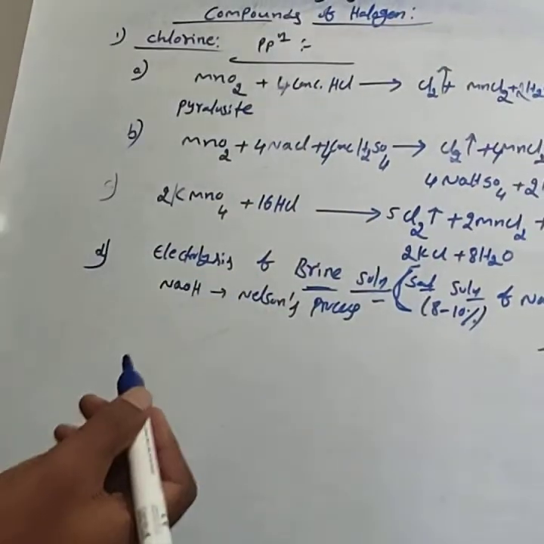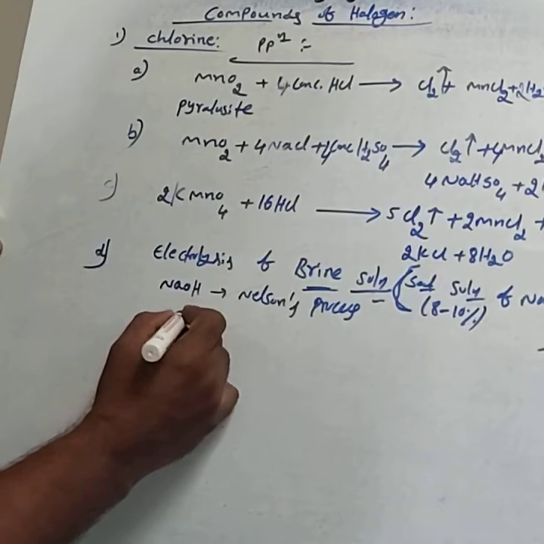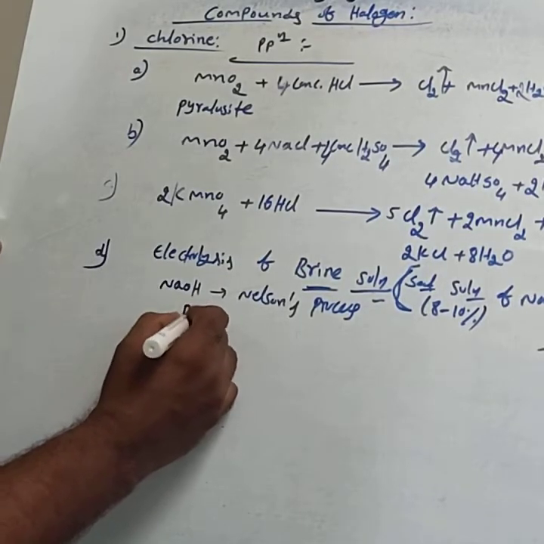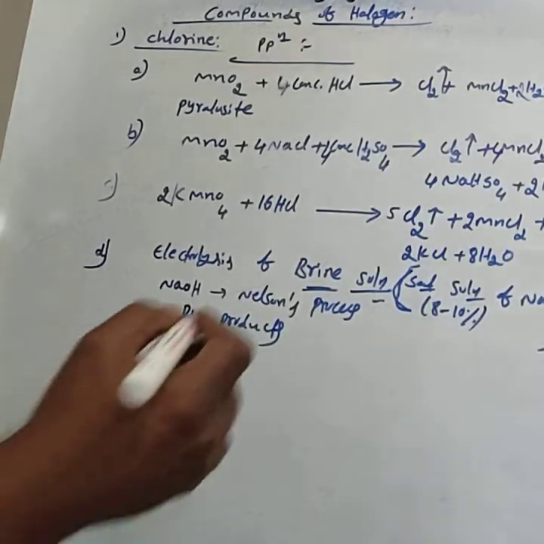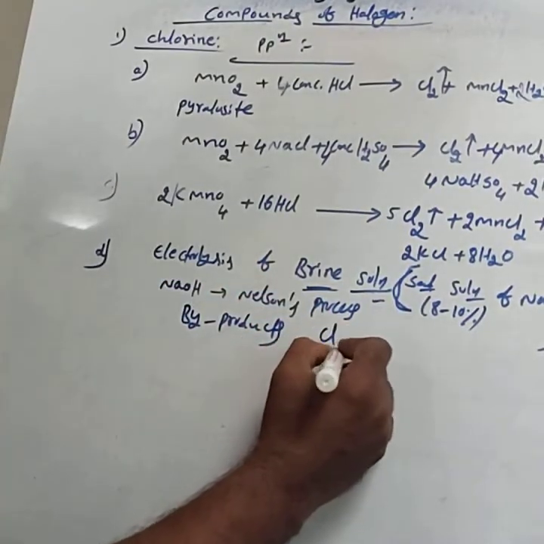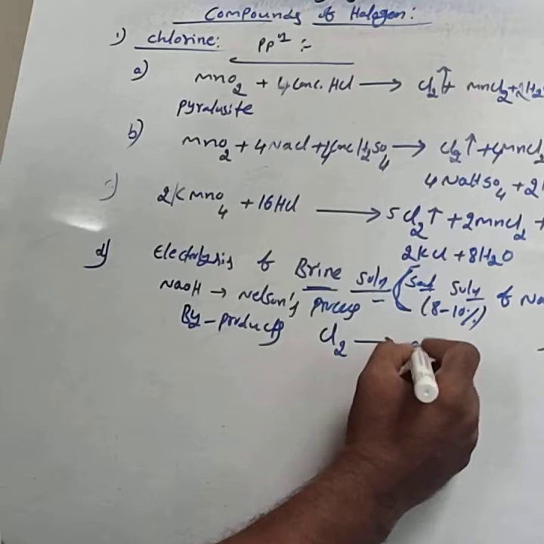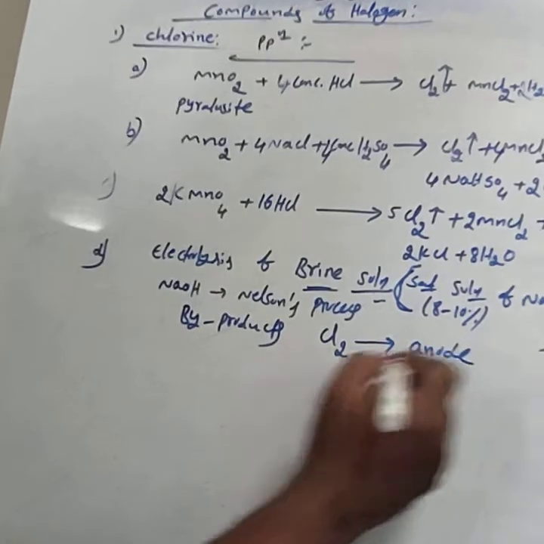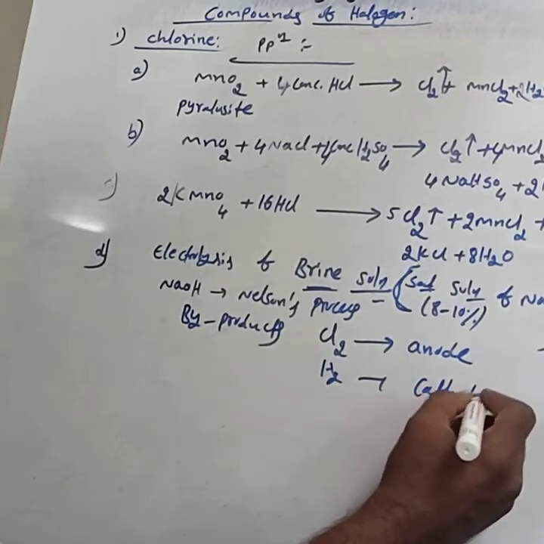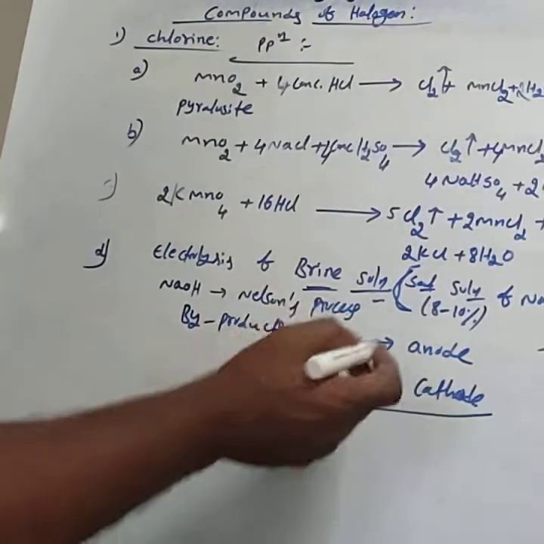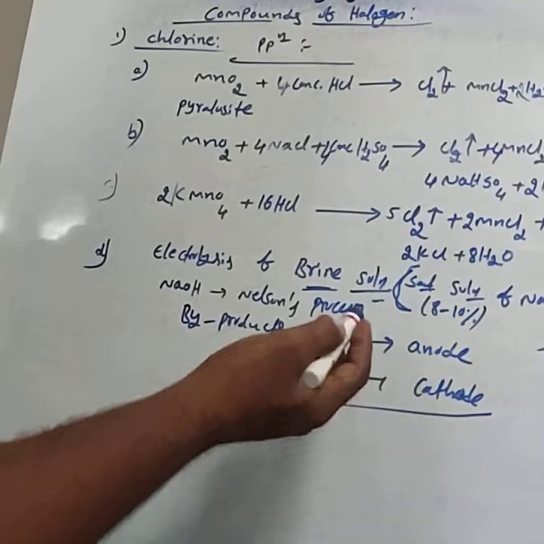During Nelson's process, we get two important byproducts. Chlorine is evolved at the anode and hydrogen is evolved at the cathode. For this, reactions are not required; in first year you have already written the reactions.